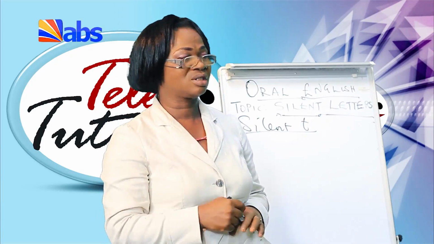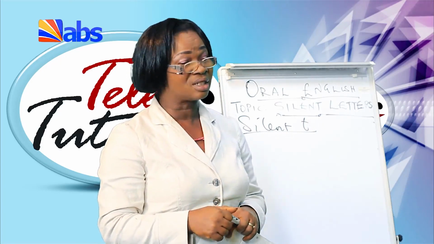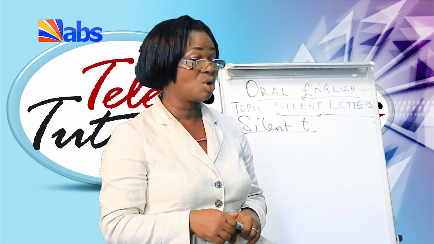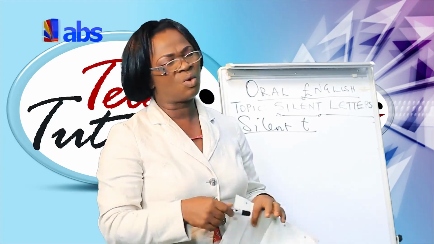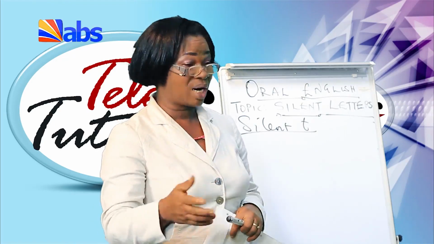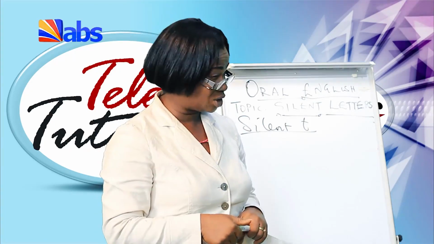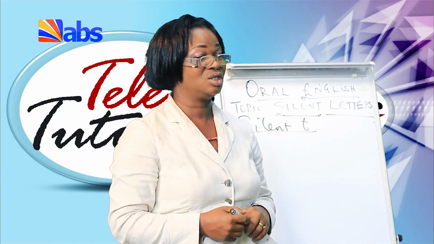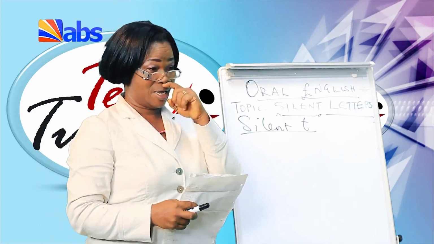You are not meant to pronounce those letters. Once you pronounce them, you'll be making a serious mistake in your oral English. Remember, someone instead of saying empties, hear the person say empties with the T sounded. You laugh at the person. It shows the person is illiterate. So we talk about silent T.